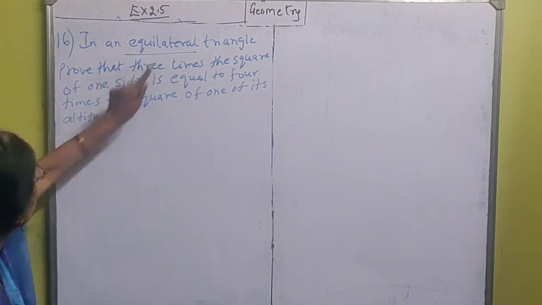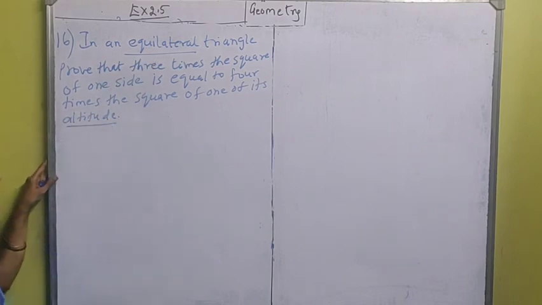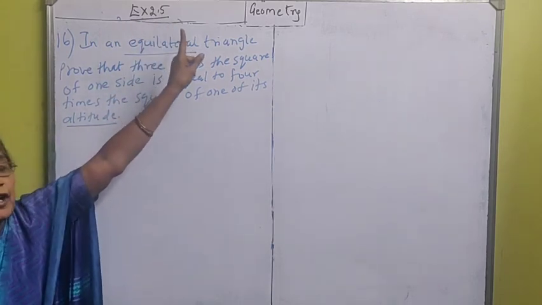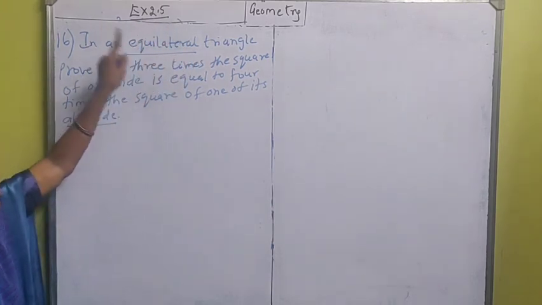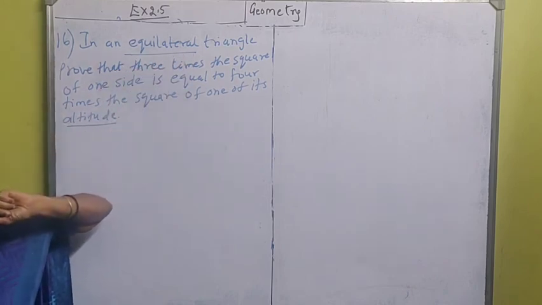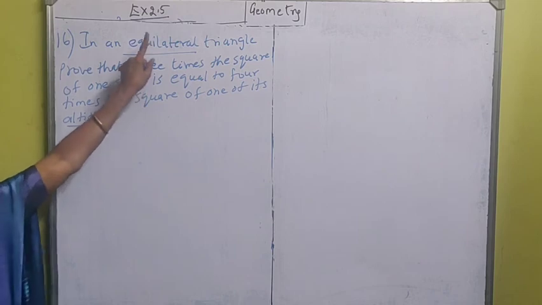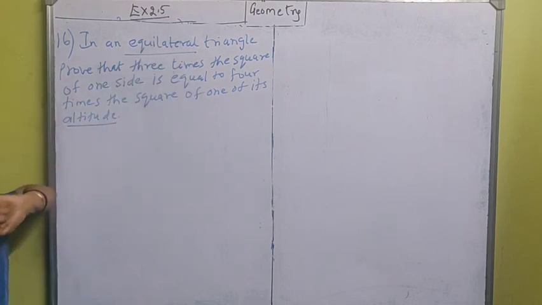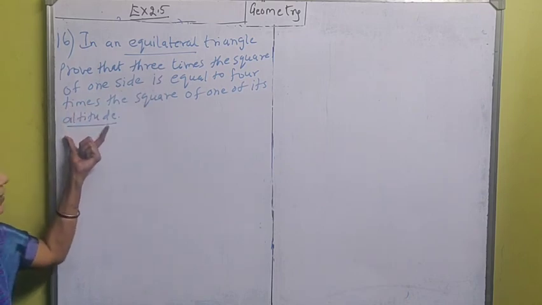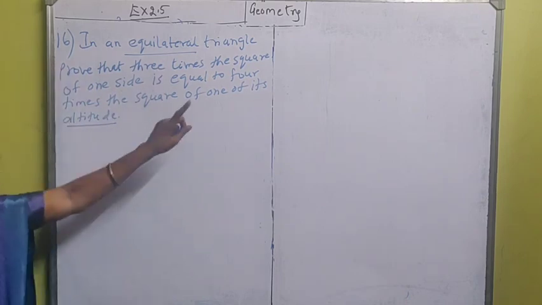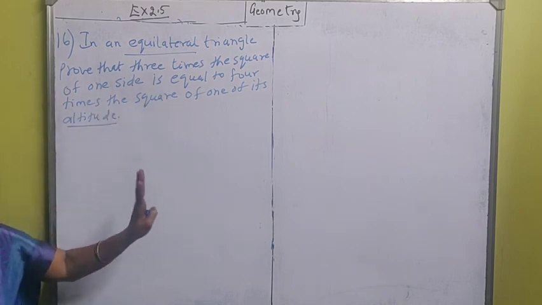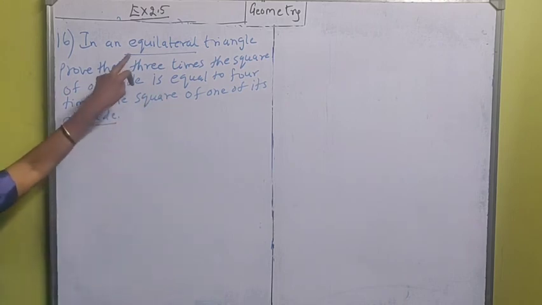Again see, equilateral triangle and altitude. Again I am not going to explain to you. In the previous sum I have explained the properties of an equilateral triangle. According to sides, all the sides are equal. Then according to altitude, it will become a median. It bisects the base. This is what we have to take over here. So we have to draw the diagram, as the diagram is not given. What diagram is it?